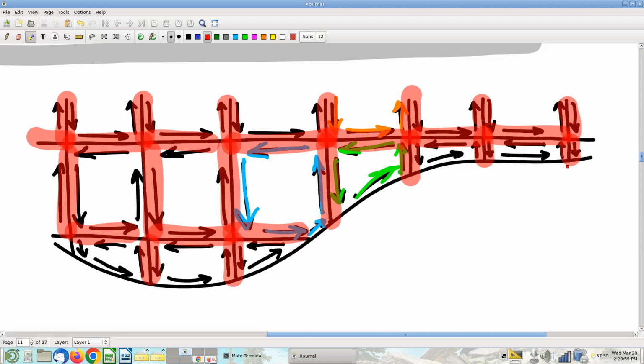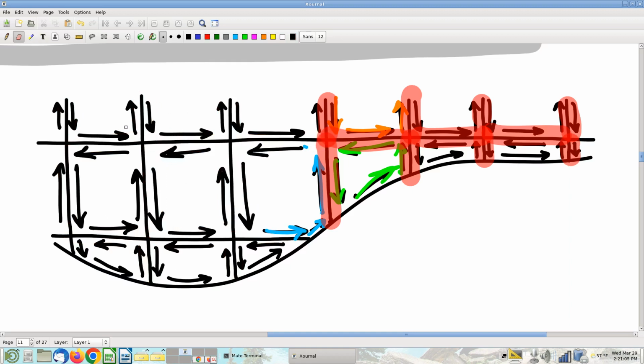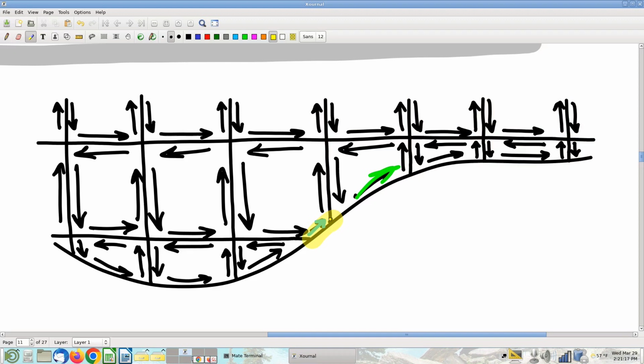What's left over? What are the ones that don't cancel? Let me clean up my massive mess that I've made here. The ones that don't cancel are the ones where there is nothing on the other side to cancel with. Right? And so, for example, this little piece down there and this little piece right here, these pieces of curve, they don't appear twice because there is nothing on the other side.